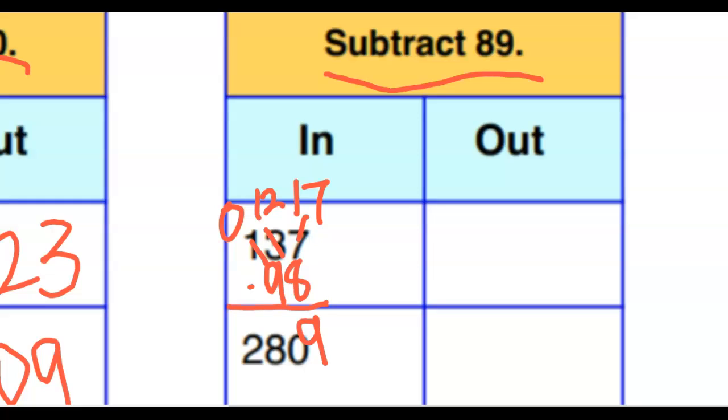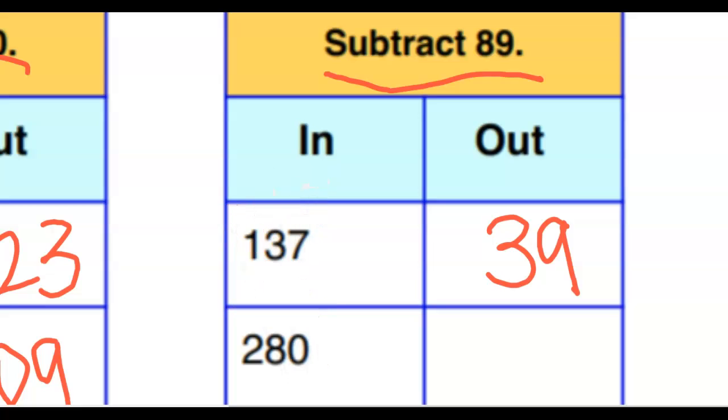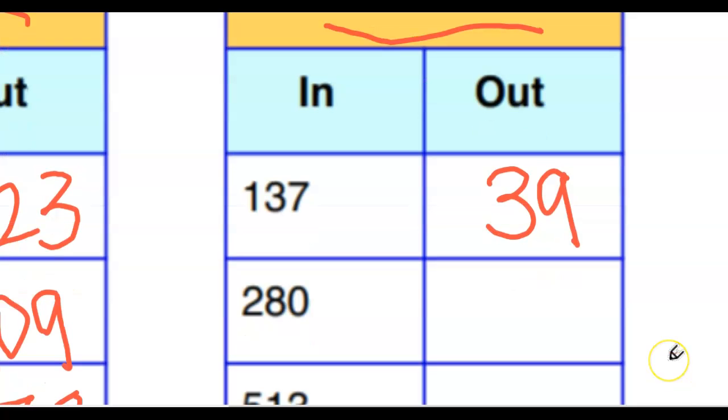Add 10 more. 12 minus 9 is 3. Out is 39. On to the next.